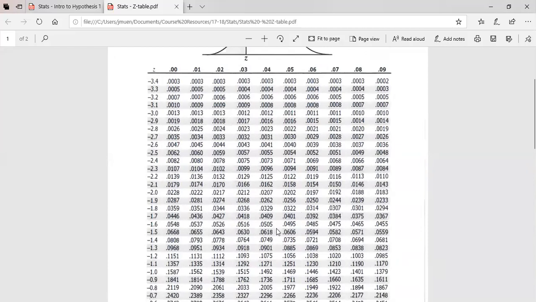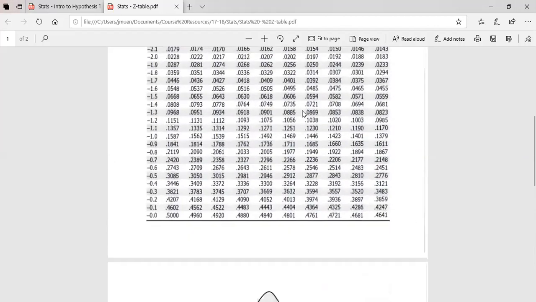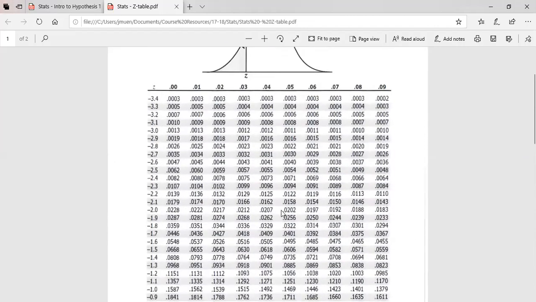It's negative 1.645 as a z-score, right? But the point is that the place we're looking for alpha is in the center of the table. I've seen a couple of you continue to look at z-scores, like, oh yeah, 0.05 would be right here. No. We look for it as a probability or as an area.